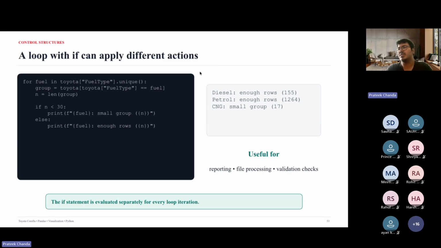It's a very simplistic example, but you can think of more complicated examples where you have multiple nested if else conditions within a for loop, or within the if else conditions you can have multiple for loops. So multiple things are possible based on your requirement for specific filtering or retrieval settings.